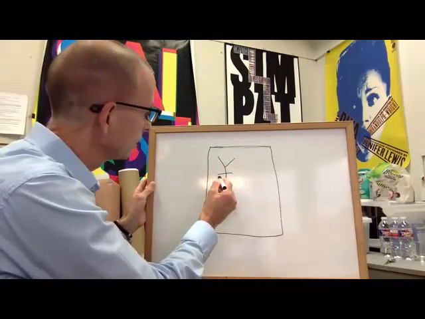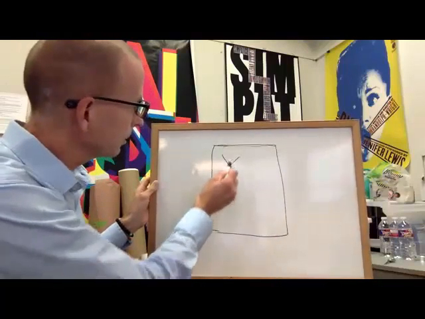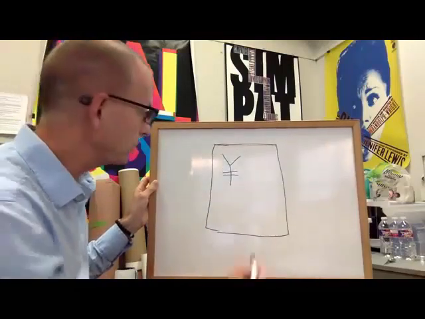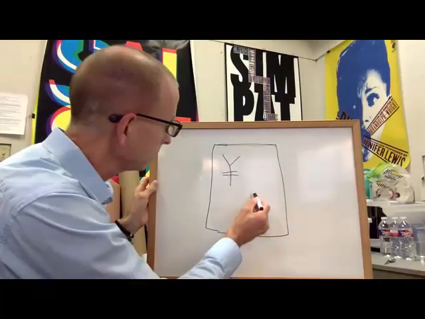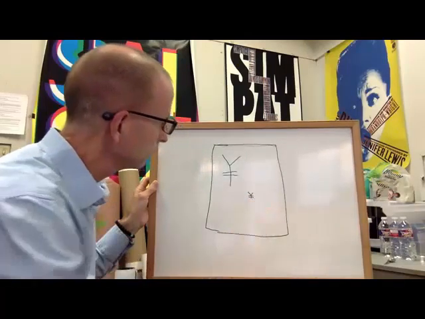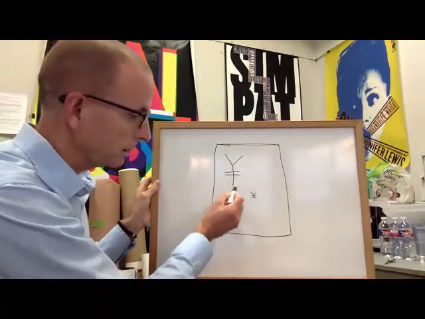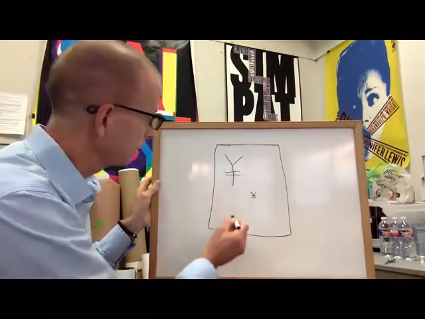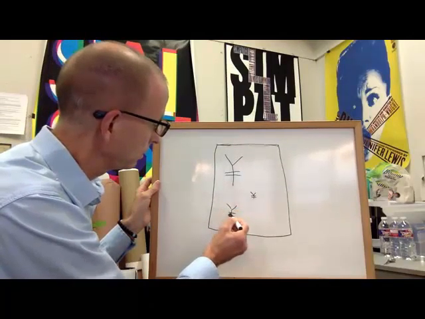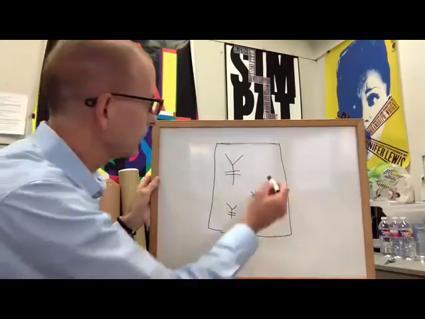This is the symbol of the Japanese yen, and you can see that I drew it at a specific size on the page, and then I'm going to repeat that at a different size. That creates a dynamic relationship. And then I'm going to repeat that shape again, just a little bit larger.